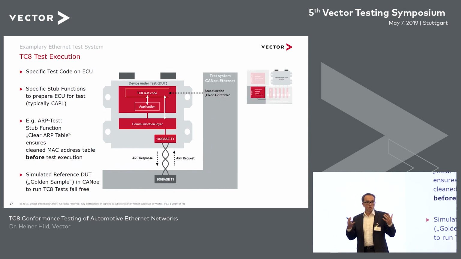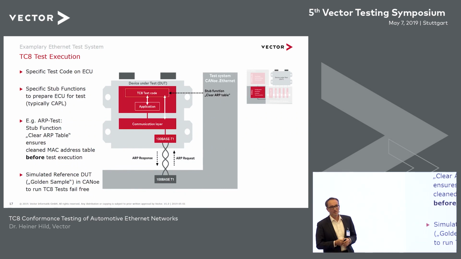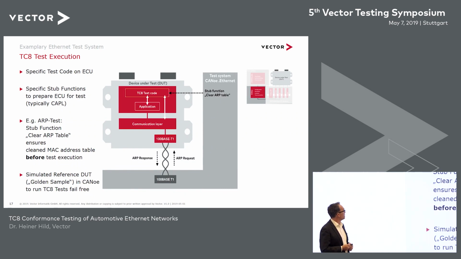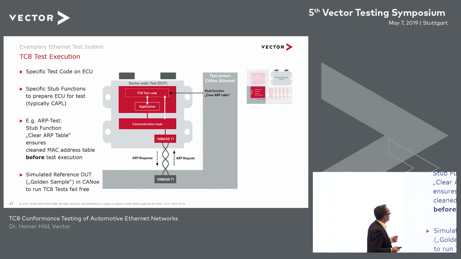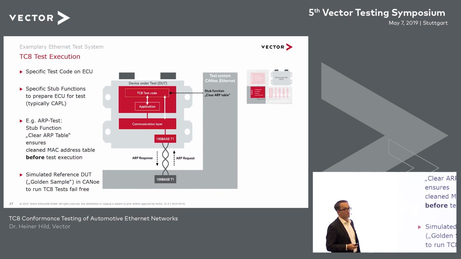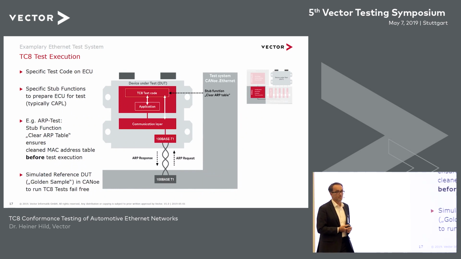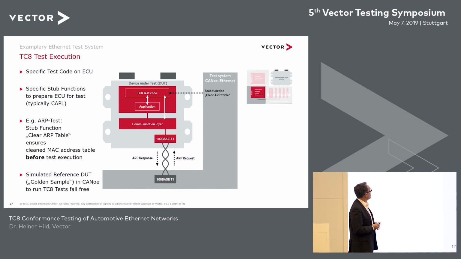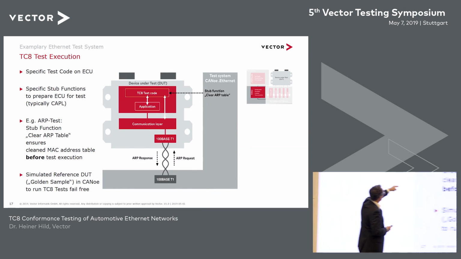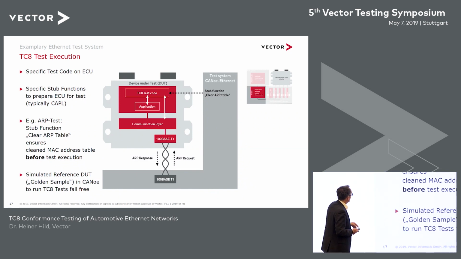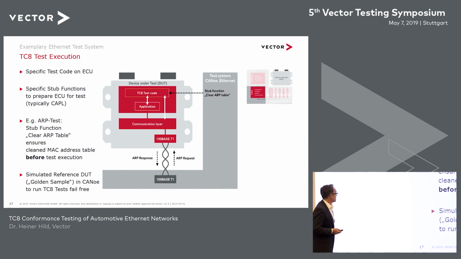And in the DUT and in the ECU, there has to be code taking that action, so in that case, actually clearing the ARP table. The necessary prerequisite has, however, been made on the CANoe side. The DUT has to hold the counterpiece in terms of code that takes that up. And those are so-called stub functions that we also offer in CANoe at this point.